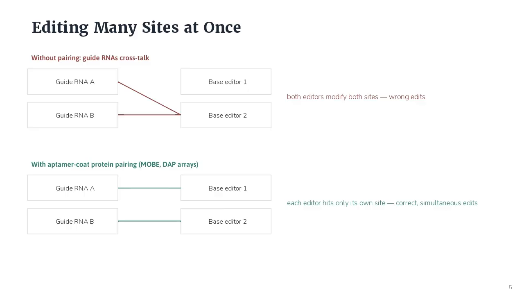And separately, Wan and Gao built CRISPR arrays that use the cell's own tRNA processing machinery to release up to 31 guide RNAs from a single construct. And both are steps toward editing many diabetes-linked variants at once instead of one at a time.